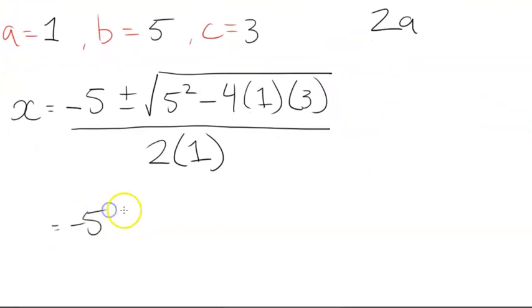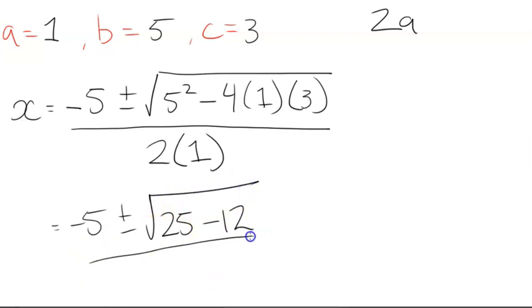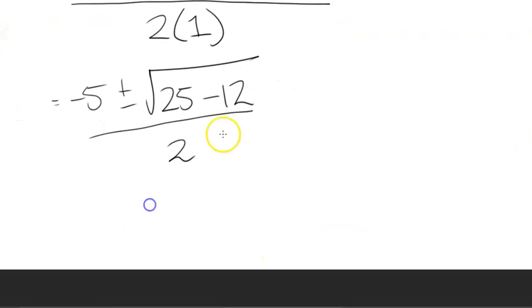So negative 5 plus or minus the square root of 25 minus 4 times 1 times 3, that'll be 12, all over 2. Okay, let's keep going.